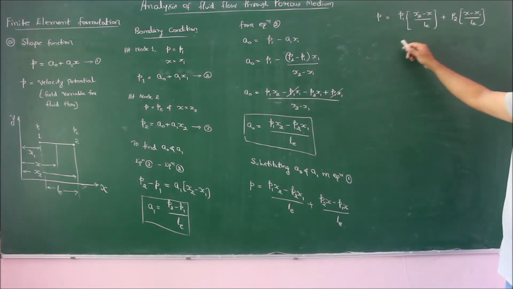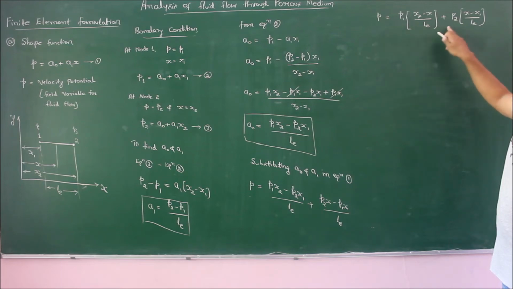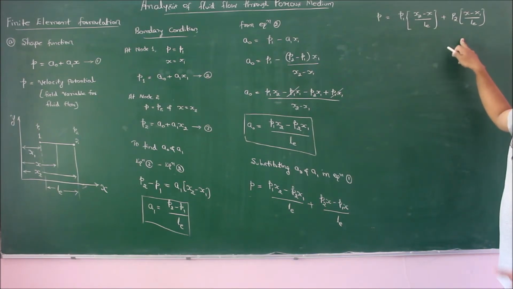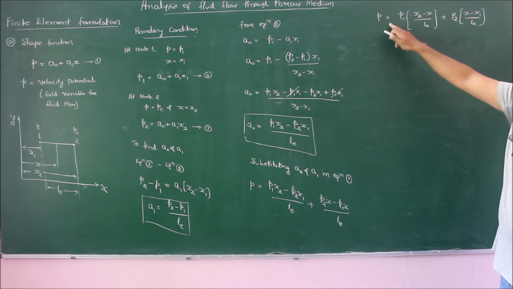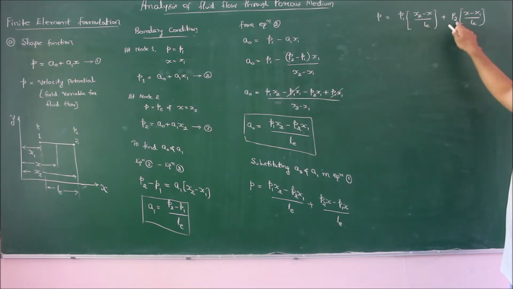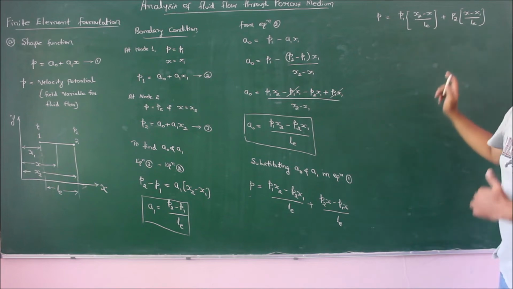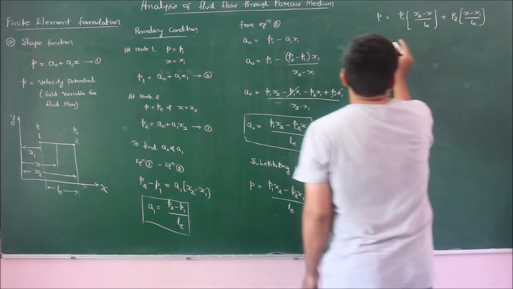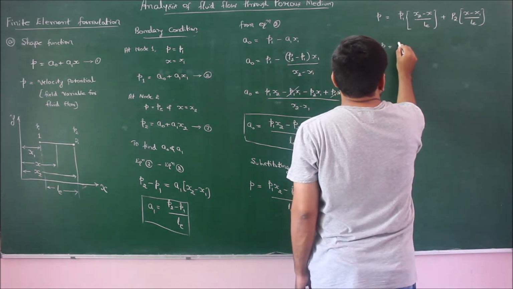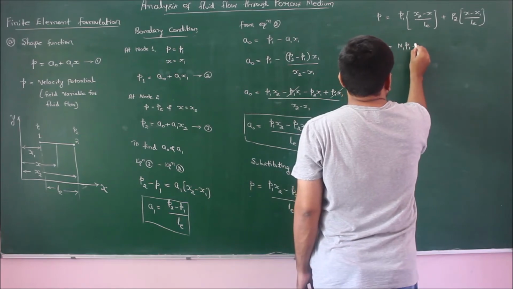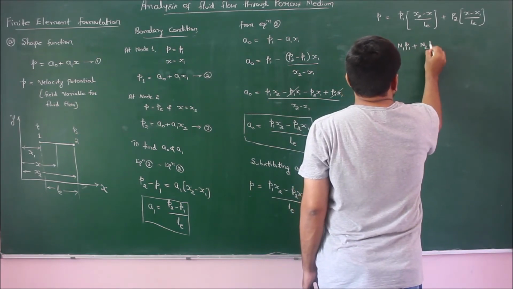So this is of the form u is equal to N1 u1 plus N2 u2 for analysis of one dimensional bars. Similarly here P is equal to N1 P1 plus N2 P2, where N1 and N2 are shape functions. So this is of the form P is equal to N1 P1 plus N2 P2.